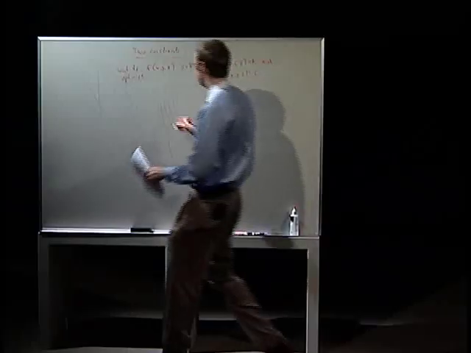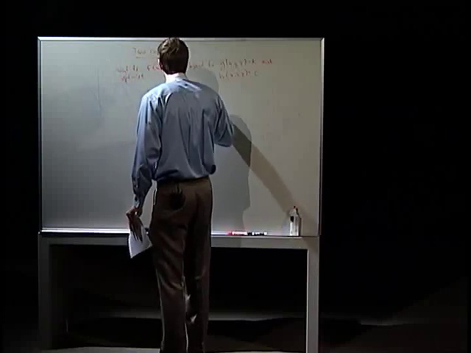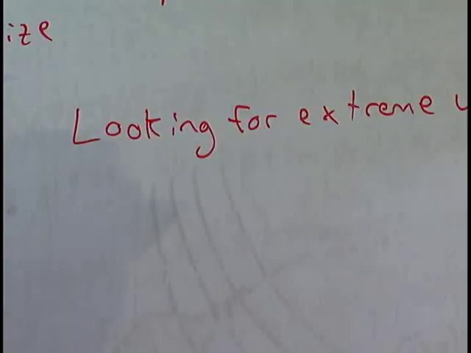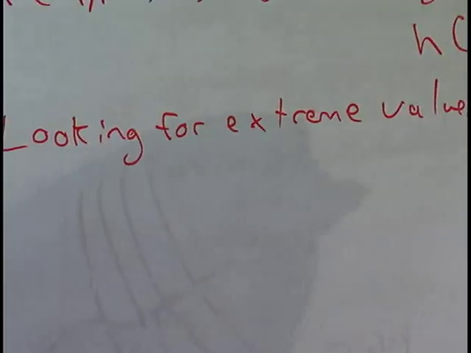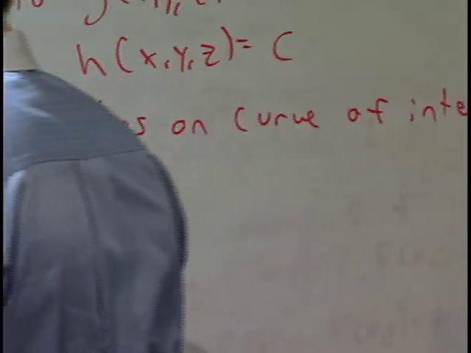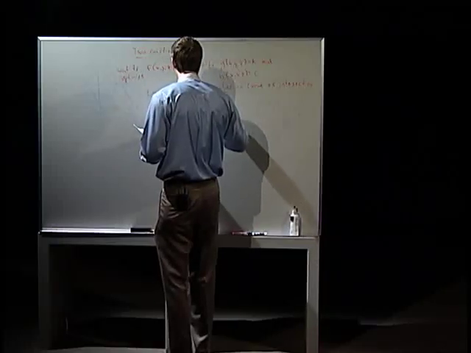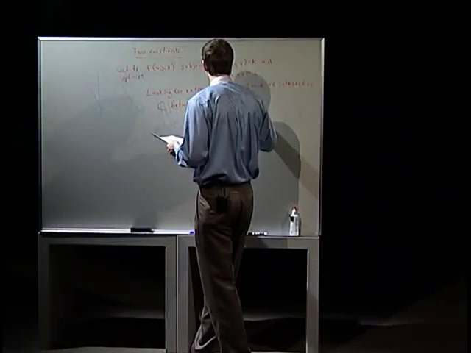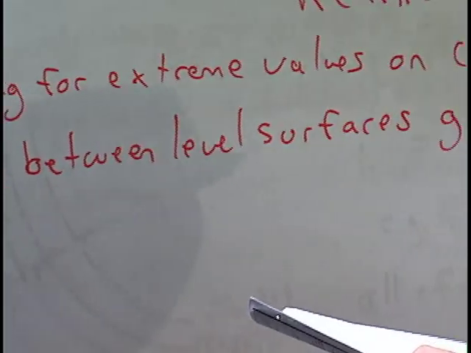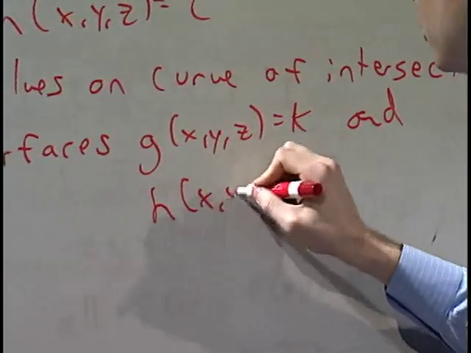And so you are looking for extreme values on the curve of intersection big C between those level surfaces, the level surfaces G and H.